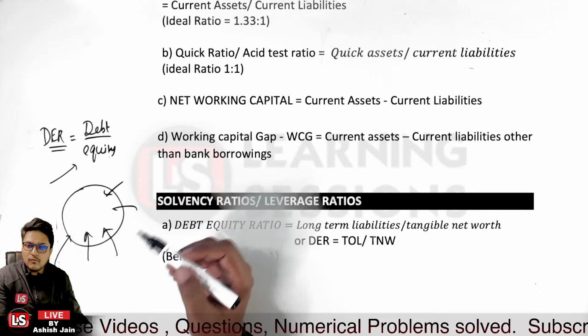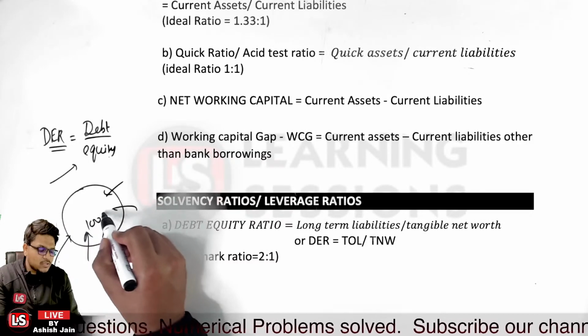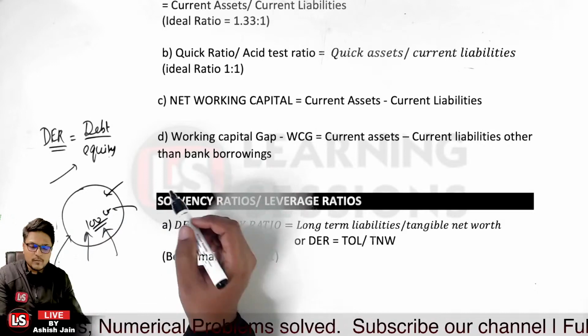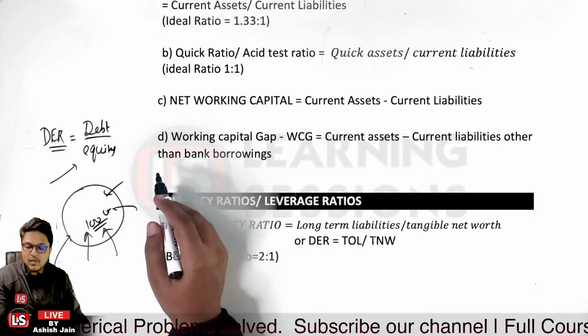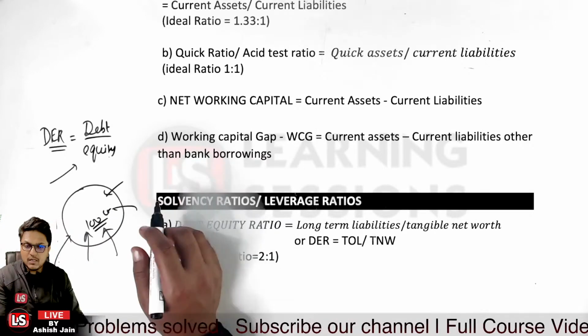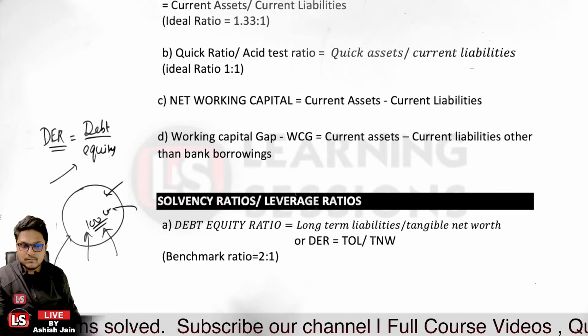Okay, so if we have 100 crores in our hand and further we have borrowed, whether by way of commercial borrowing or from the bank itself, that is the debt part.